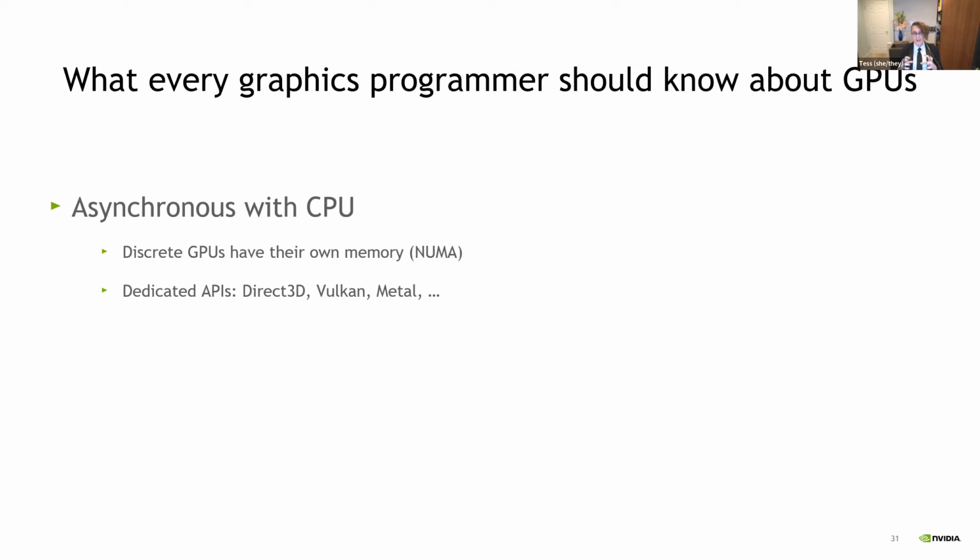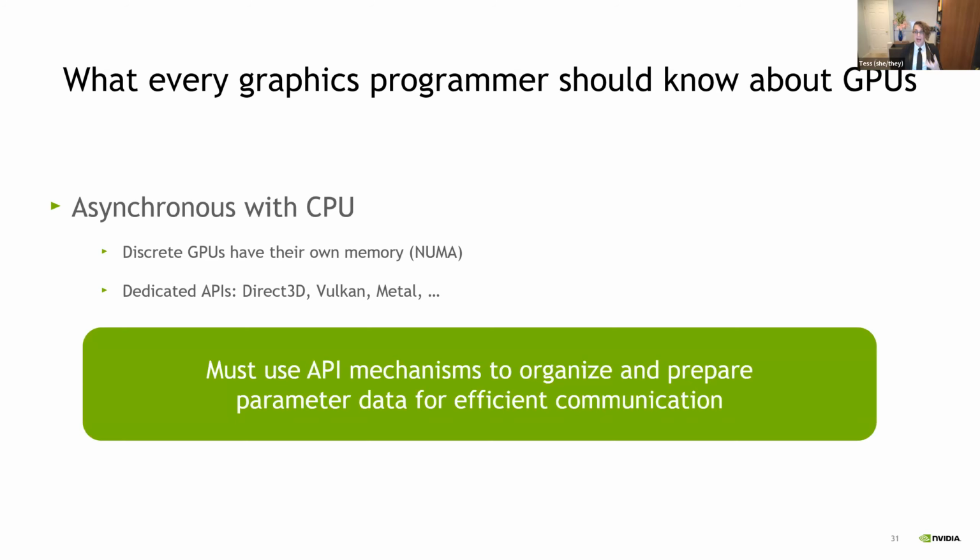And as a consequence of all these different factors, when we want to get high performance in rendering software on a GPU, we have to be prepared to use the mechanisms provided by a graphics API to organize, prepare, and communicate the parameter data of various features efficiently. So that's going to become our first constraint: efficient communication from CPU to GPU via these APIs.